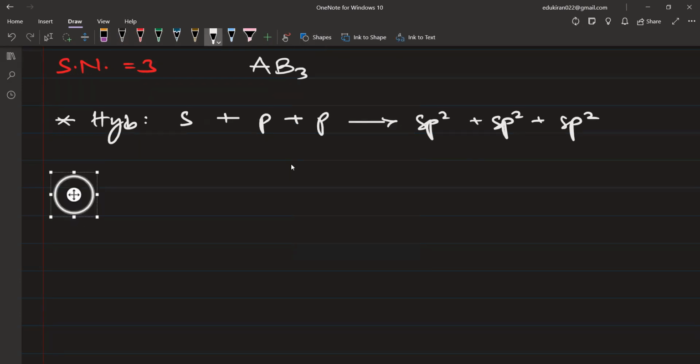One s orbital, and we have two p orbitals.